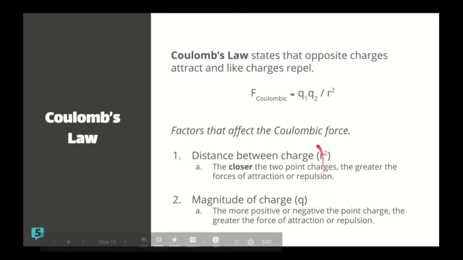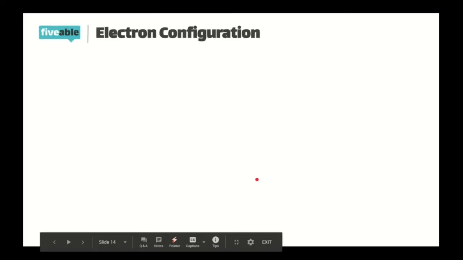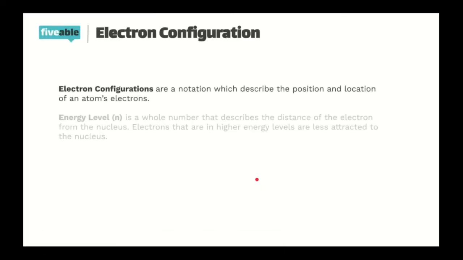So what we're going to be doing during quantum mechanics is looking at how far the electron is from the nucleus. The electron is closer or further to the nucleus based on the shell or energy level that it's in. And the magnitude of charge is determined by the number of protons in the nucleus.